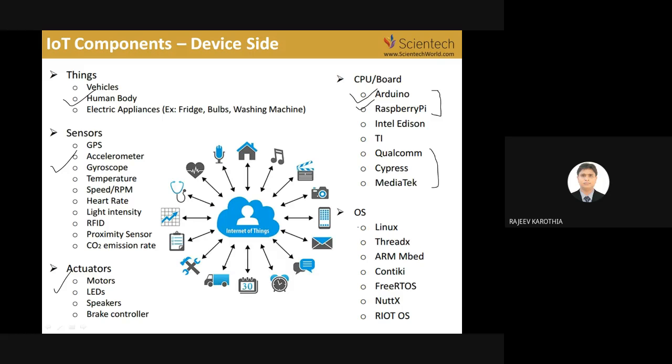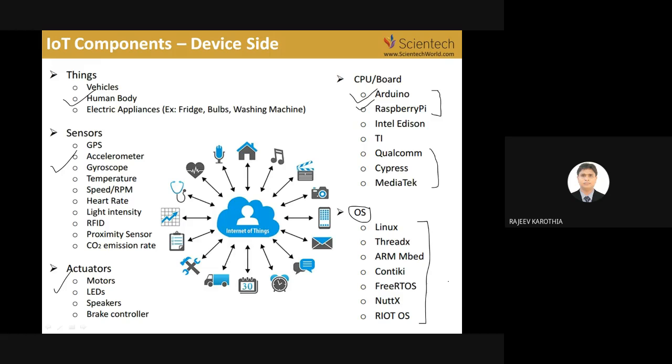Then we should have some knowledge about the operating system. If you are making a basic application like turning an LED on and off based on a sensor, that is simple. But if you have a number of different sensors and you do processing based on the different sensor parameters, then you need some kind of operating system to manage the different applications.